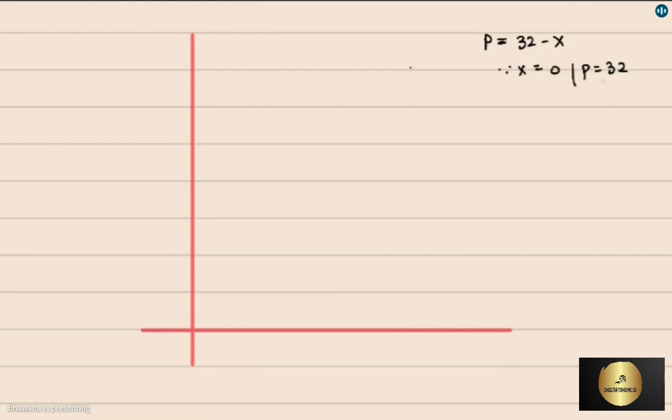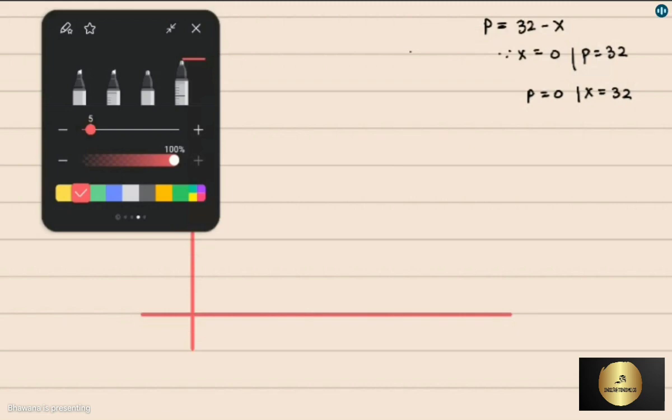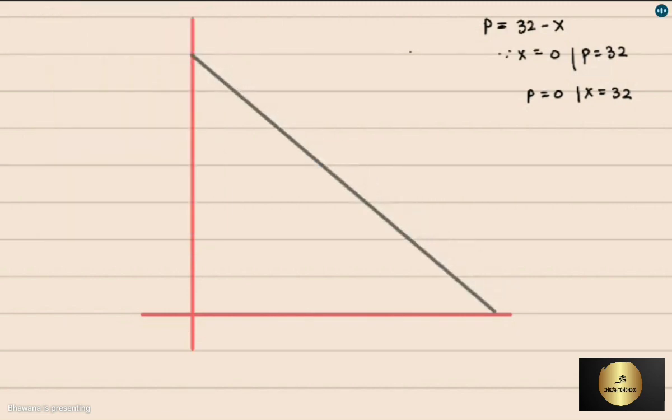Okay, and this is the maximum willingness to pay of a buyer. Now in terms of X, you will also get X is equal to 32. Okay, so this is a linear demand function. You will get a demand function like this. Okay, this is the demand curve of a firm.